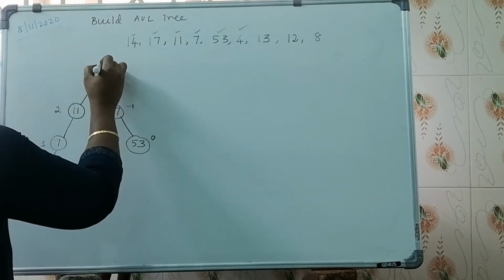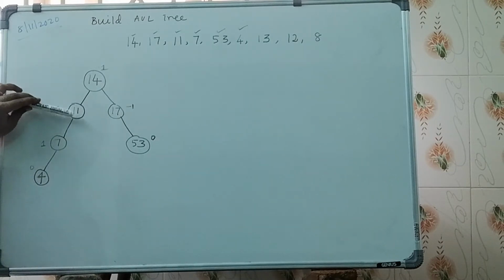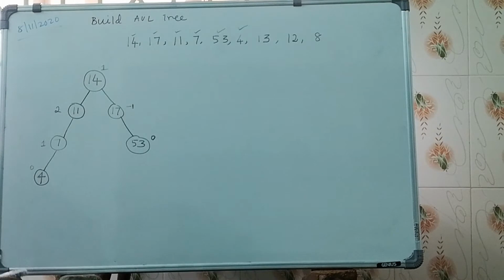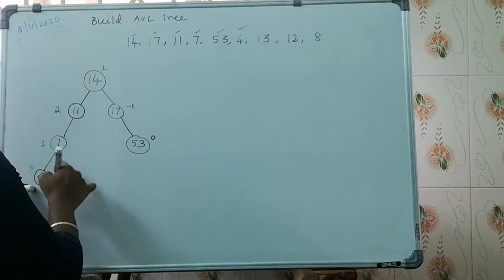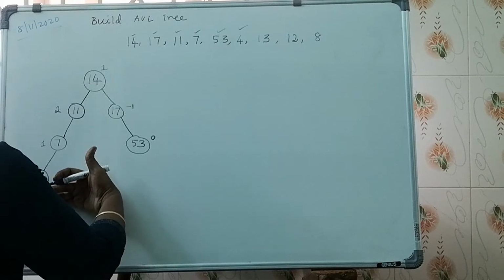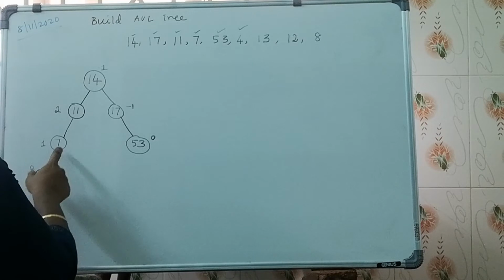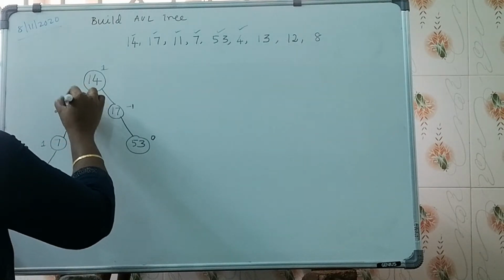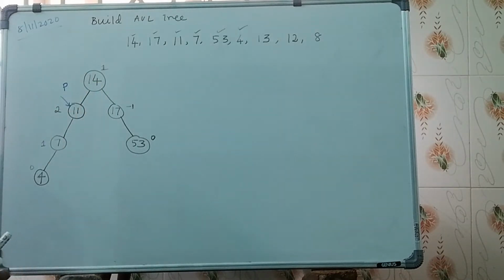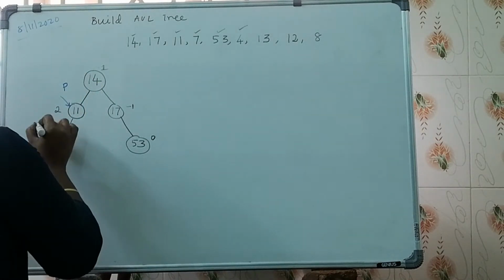Now you see this node: as long as the balance factor is violated, you have to fix that node as A. So fix that node as A. After inserting, you look from the bottom to top. The balance factor is satisfied for this node, satisfied for this node, but here the violation happened. Now this is nothing but your P, and this is your A.